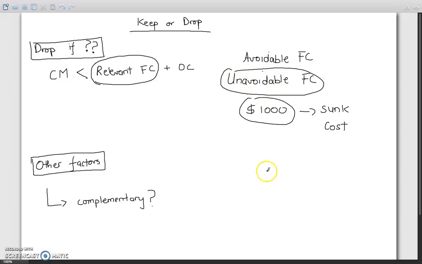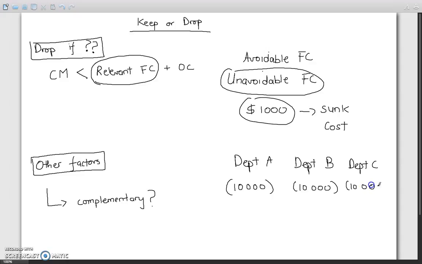Let's draw it up. You have department A, department B, and department C, and all these departments have unavoidable fixed costs of 10,000. Imagine now that department A isn't doing too well.